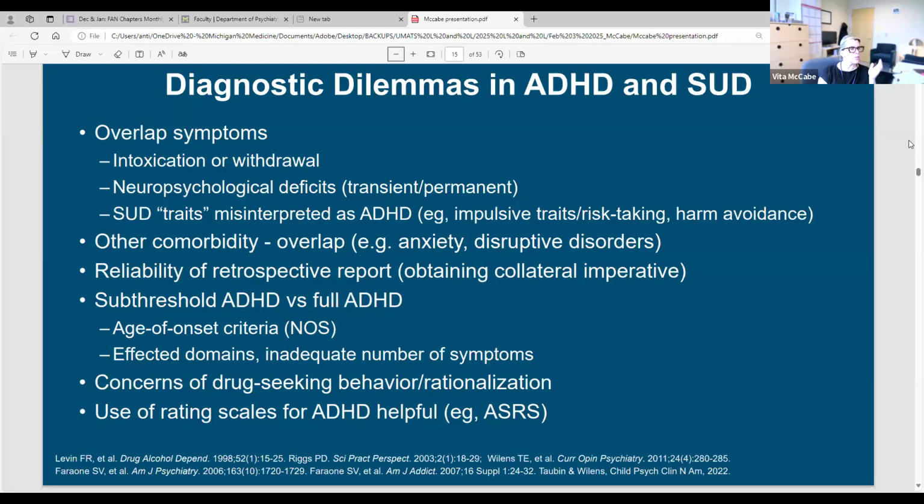And then really using standardized questionnaires has been important. And then things like TOVAs and neuropsych testing when appropriate.